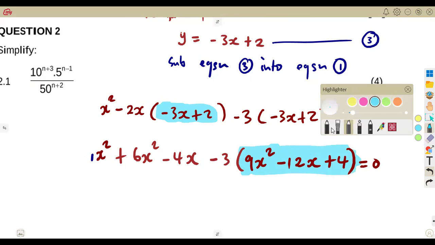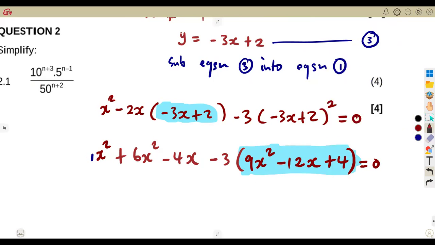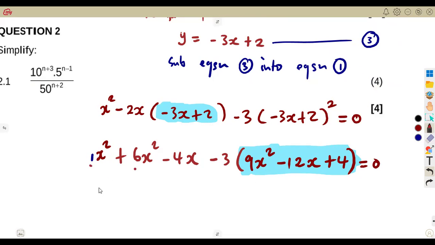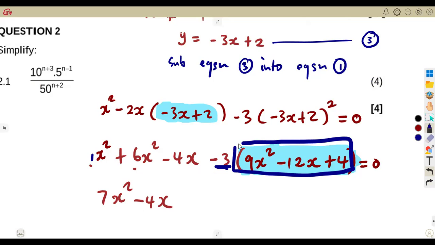So expanding this, it was going to be what? Let's see. This is 1 plus 1 here. The 1 plus 6, that's 7x squared minus 4x, minus 4x this one. All right. So that's minus 4x. Then on this bracket, it is the minus 3, which is in contact with the bracket, this one.